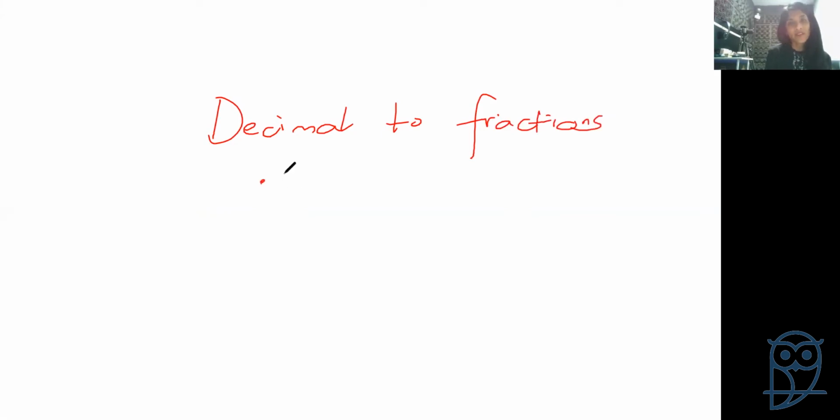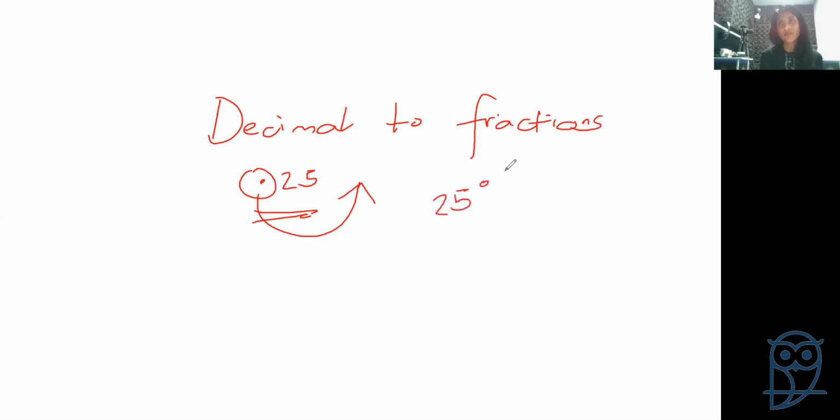Firstly, if I have a number like that, automatically I know this goes to the right. Okay, you move the decimal point to the right. So 0.25 becomes 25%. That's easy enough. Yes? So when we're converting, and this is it, we need to convert a decimal number to a percentage.